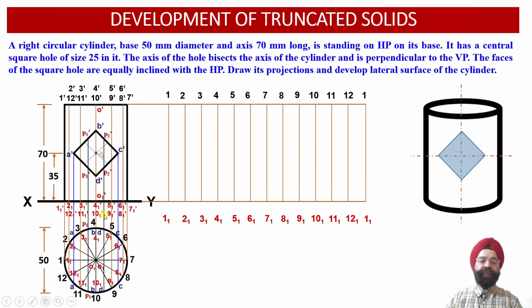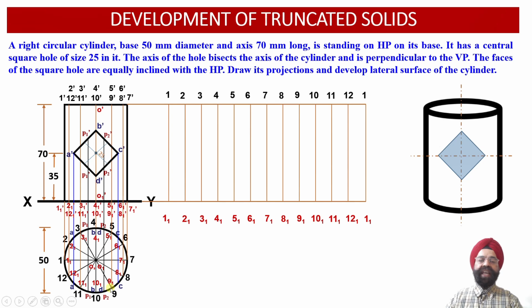So we see that if we draw a vertical projector through P2 dash, now on the top view, P2 point is going to lie between the circumference points 4 and 5 on the rear side of the cylinder, and onto the front side of the cylinder, P2 point will be lying between the circumference points 9 and 10.